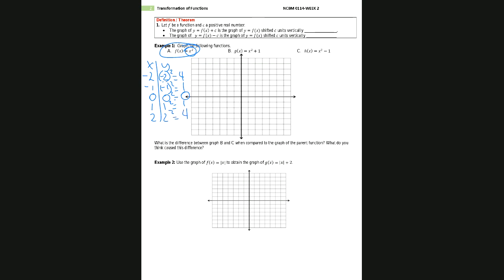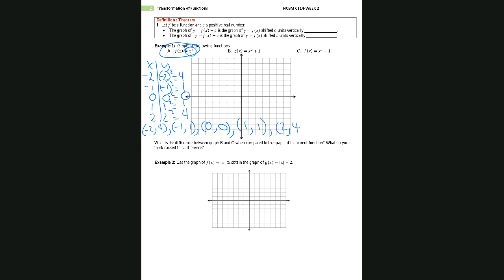So now what I'm going to do is plot the points that will come from -2, 4, -1, 1, 0, 0, 1, 1, and 2, 4.